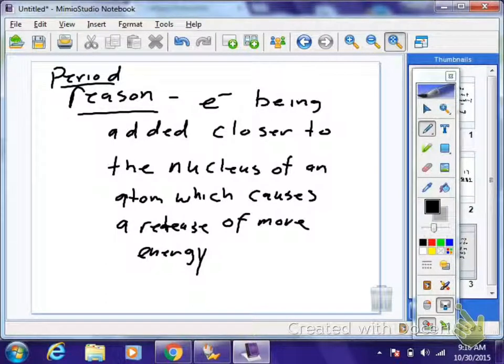Electrons being added closer to the nucleus of an atom, which causes a release of more energy.